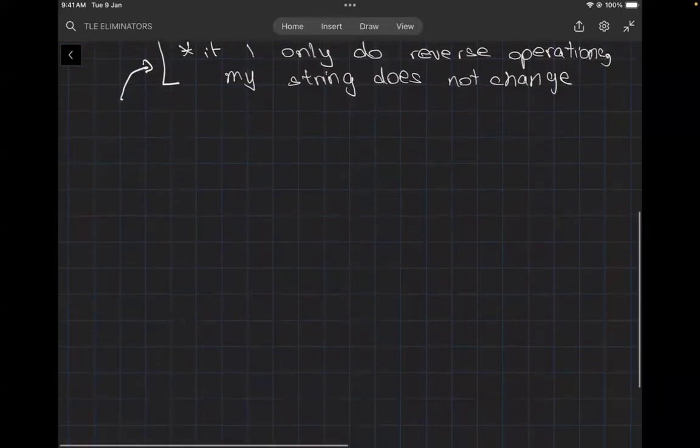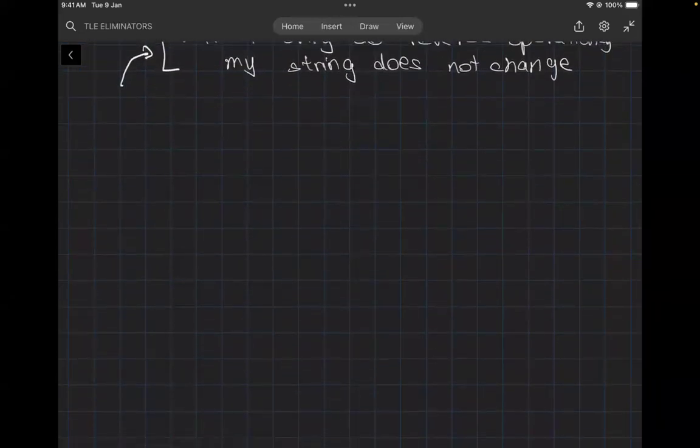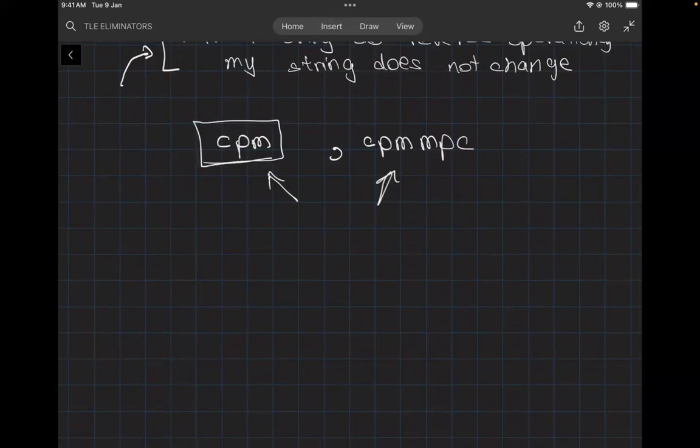Now, what is the second observation? Let's say I have one string CPM, and the second string is CPM MPC. Of both these strings, the first one is the smaller one. Basically, adding too many reverse operations is not optimal.